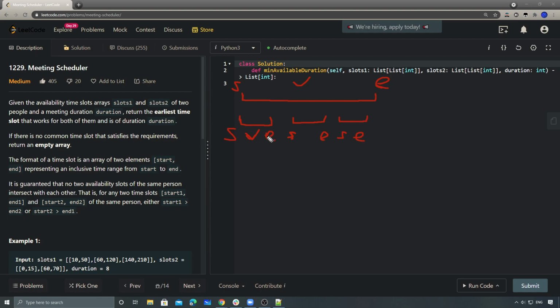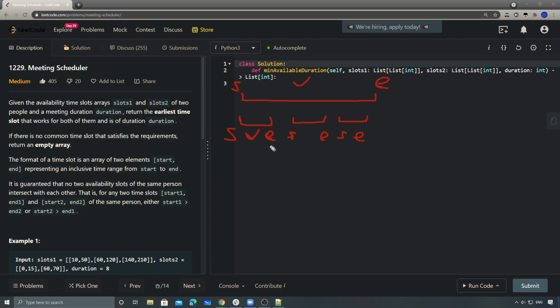In this case, we compare the current first person's slot with the second person's slot ending time, and we move forward the person who has the smaller ending time. In this case, it's the second one.